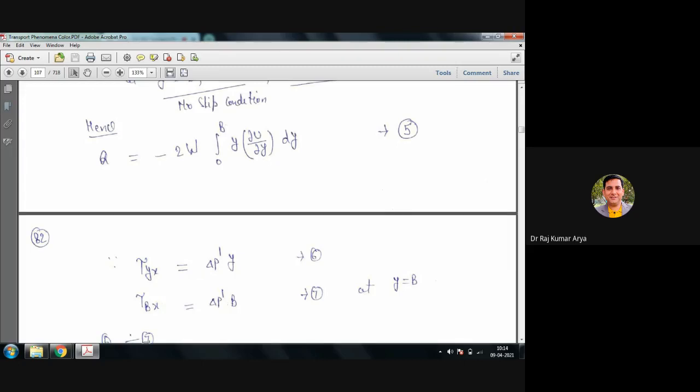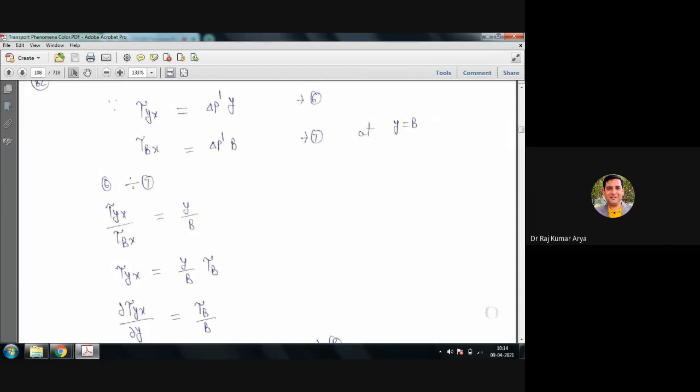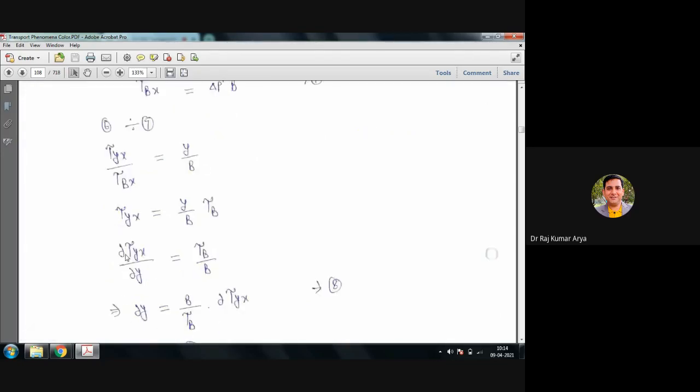So you can find the ratio of these two. The ratio tau by x upon tau bx would be equal to y upon b, because delta p dash will cancel. So you get tau by x equal to y upon b tau b.